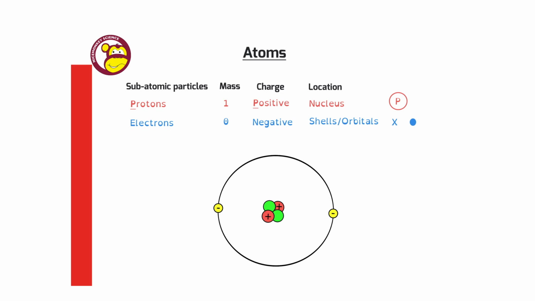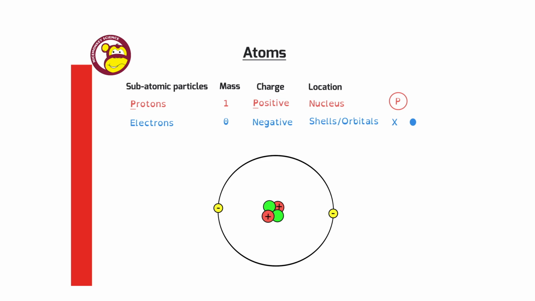The next subatomic particle we're looking at are electrons. Now they are so tiny that we say they have a mass of 0. They are negatively charged and they are found in the shells or the orbitals of the atom. And they might be represented by a circle with a minus in, or you might see them represented as crosses and dots.